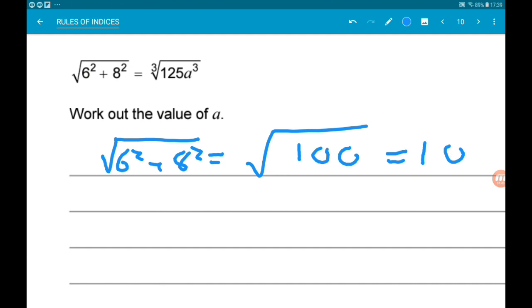So, now that we know the left hand side is equal to 10, well, we can now say then that 10 is equal to the cube root of 125a cubed.